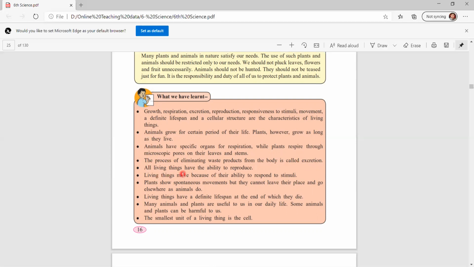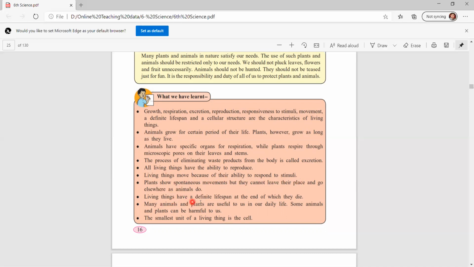All living things have the ability to reproduce. That is the characteristic of living things called reproduction. Living things move because of their ability to respond to stimuli. Plants show spontaneous movements, but they cannot leave their place and go elsewhere as animals do.